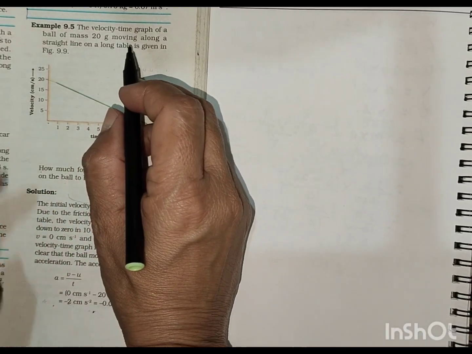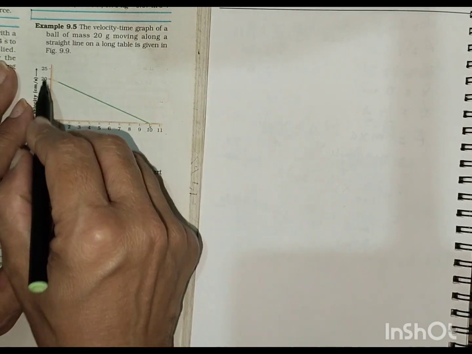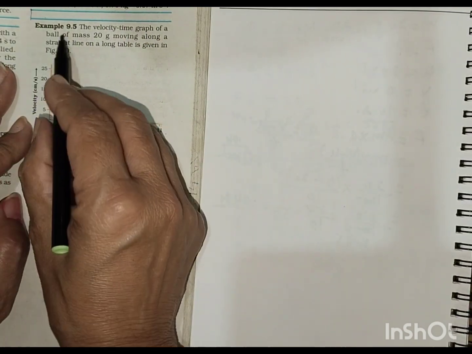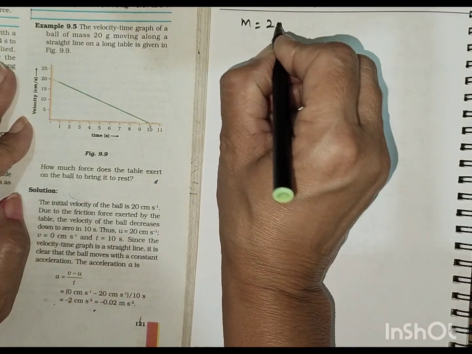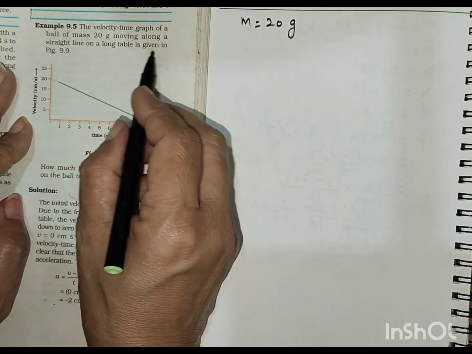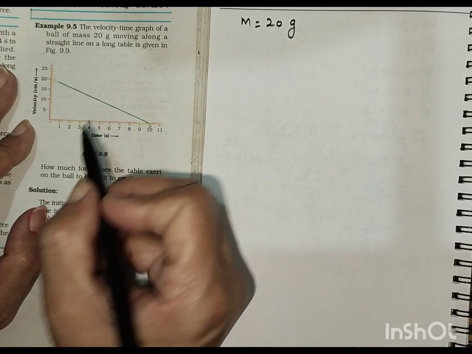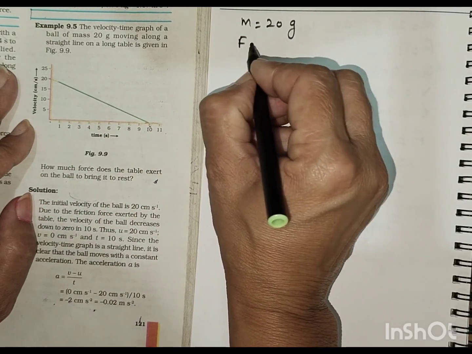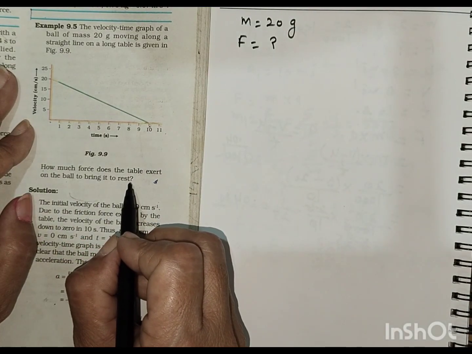The next numerical, read carefully. The velocity time graph of a ball of mass 20 gram moving along a straight line on a long table is given. How much force does the table exert on the ball to bring it to rest?